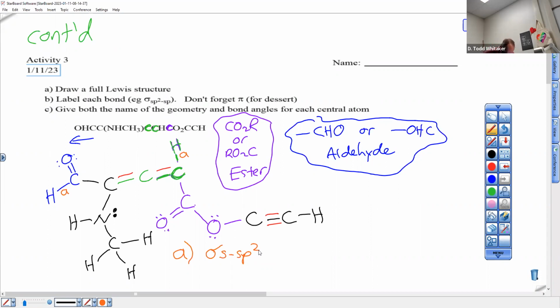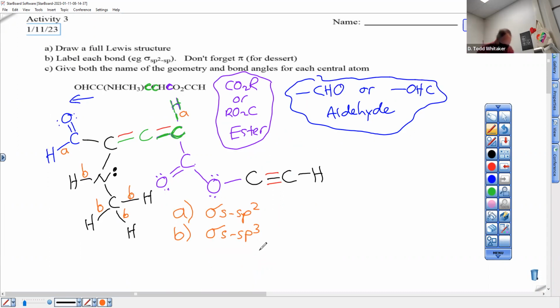And let's do the other hydrogens and then move on from there. That's an sp3 nitrogen. That's an sp3 carbon, sp3 carbon, sp3 carbon. And that's the end for B. S to sp3. And then C. Misleading, my labels shouldn't have been these.